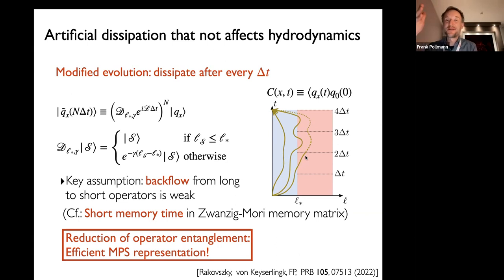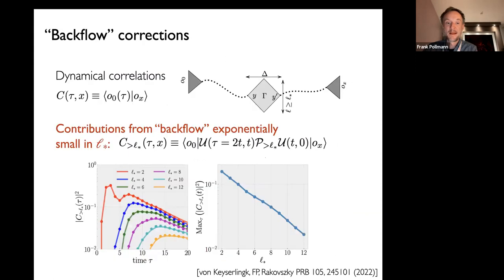Now we shifted to the evolution in operator space, but we can turn these operators formally into states and represent them using the same framework. The problem is, if I'm just in the Heisenberg picture, the entanglement of those operators is still growing. But this gives us a very controlled handle on how we can reduce the entanglement and still represent them efficiently using matrix product states.